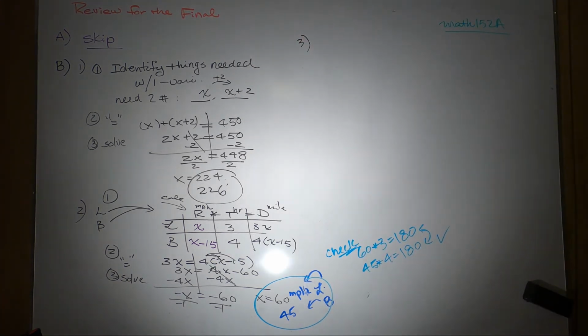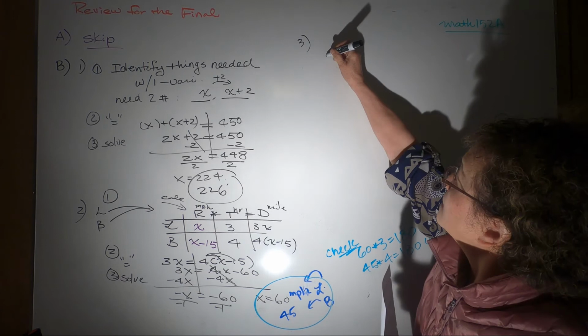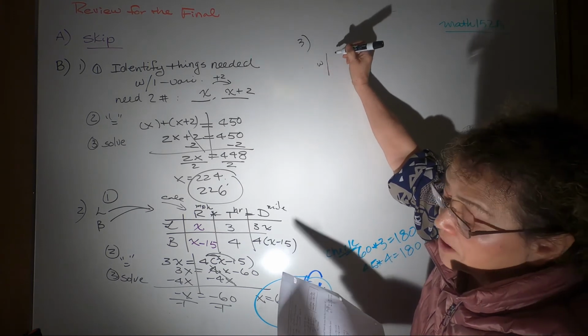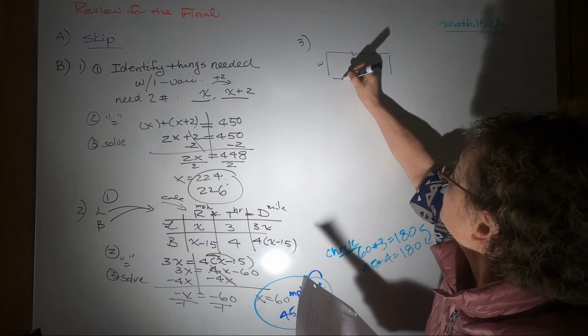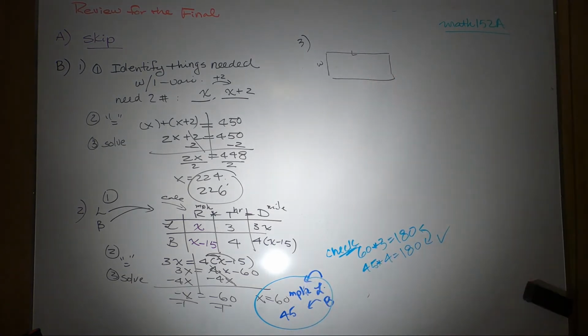Next one. The length of a rectangular lot is 50 feet more than its width. Okay, so we have what? Width for a rectangle would be what? Width and the length. Then we don't want to use two variables.